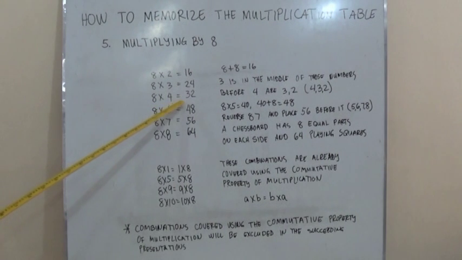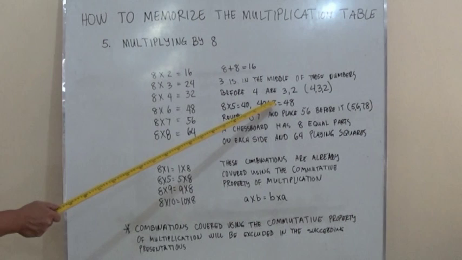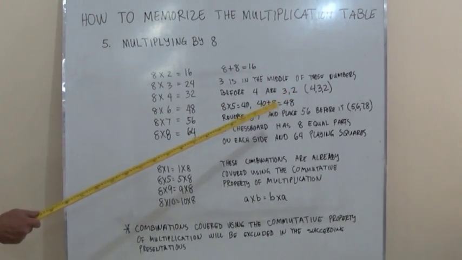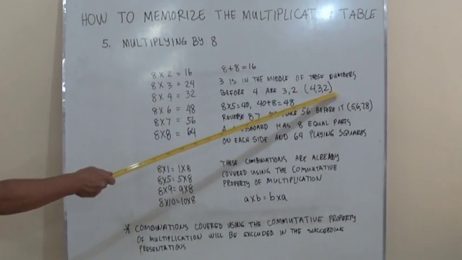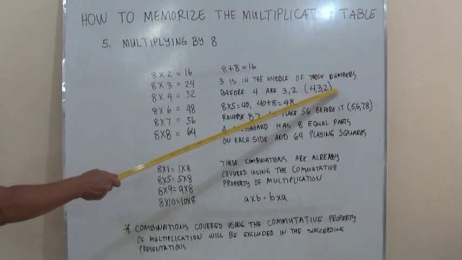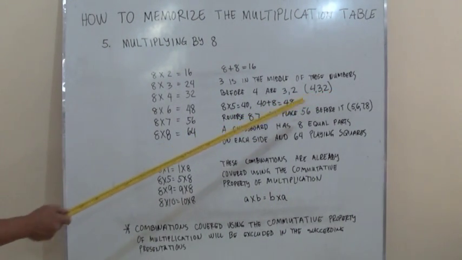8 times 4 equals 32. Before 4 are numbers 3 and 2, so we can create a declining pattern of 4, 3, 2.